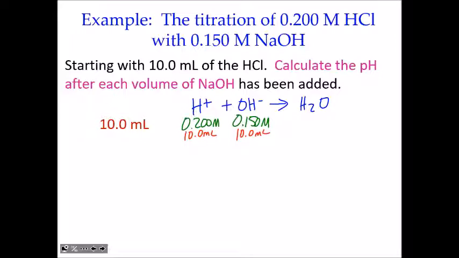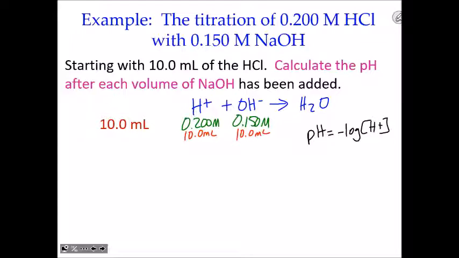We have 10 milliliters of the acid to start with, and then we added 10 of the hydroxide. If we look at those numbers, which one's in excess? The hydrogen's going to be in excess here, because with 10 and 10, the one with the lower concentration is going to run out. In order to figure out pH, don't forget the overall equation.